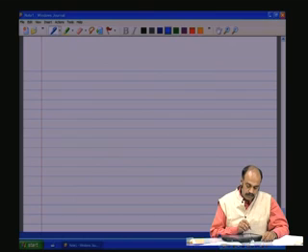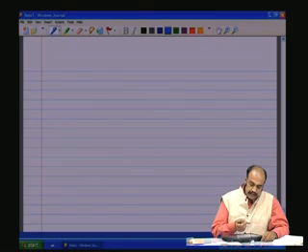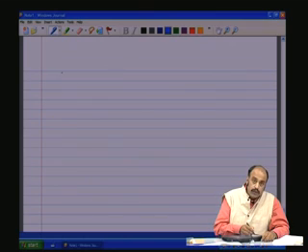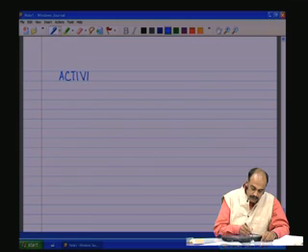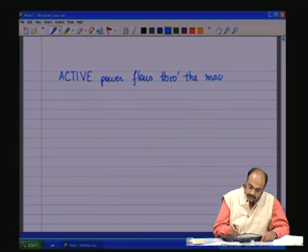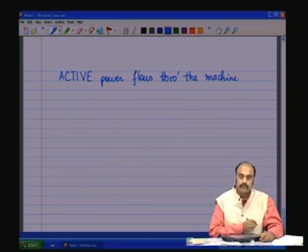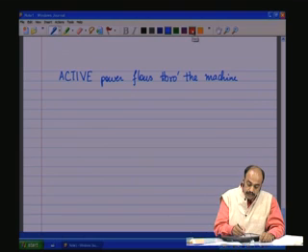Now let us have a look at how the active power flows through the machine.